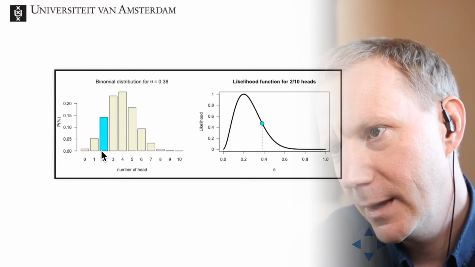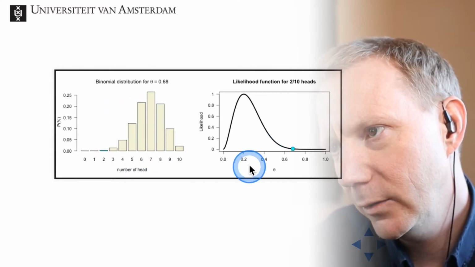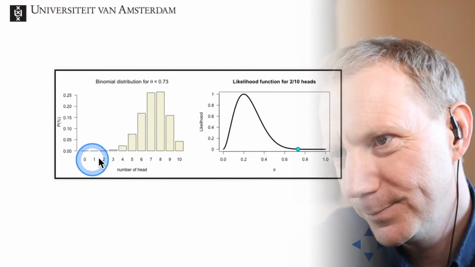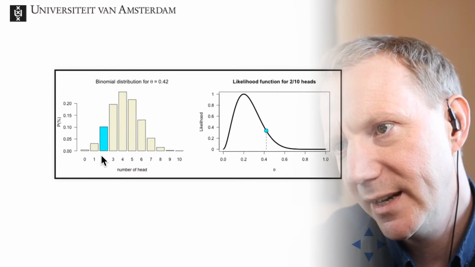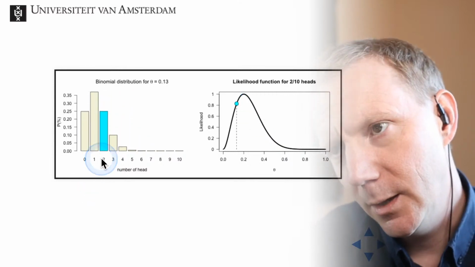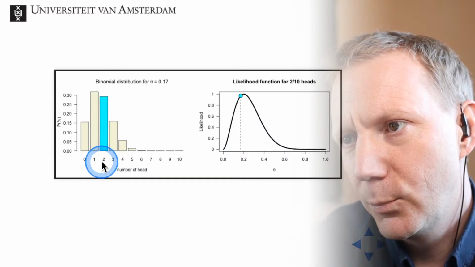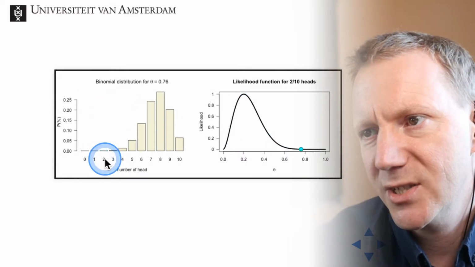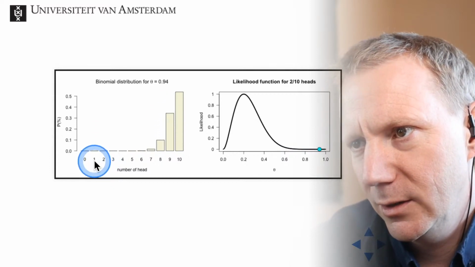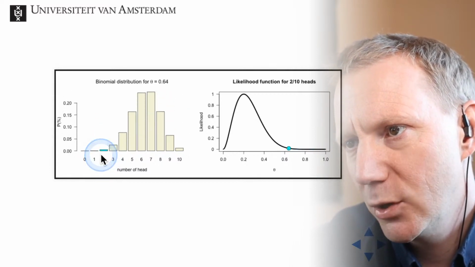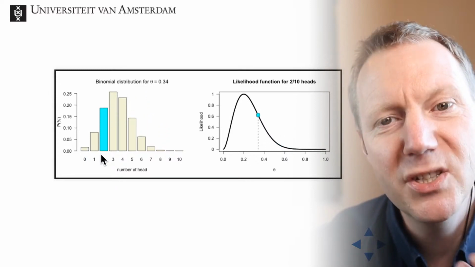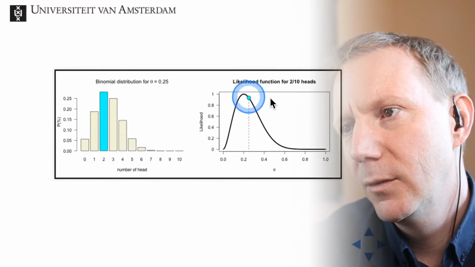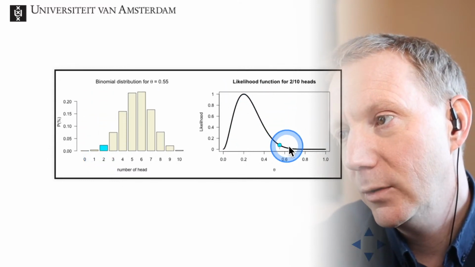As for a theta value of 0.2, the most likely one, you also see that the associated probability within the binomial distribution is the highest. So what we're doing here is just fixating on 2 out of 10 and determining, essentially reasoning backwards, what is the likelihood for the value of theta.